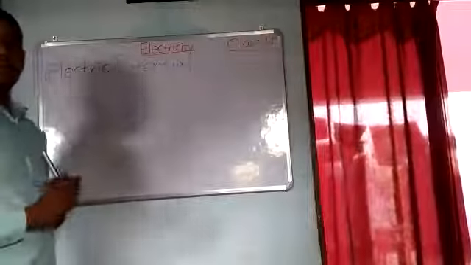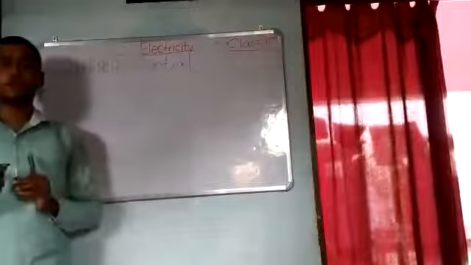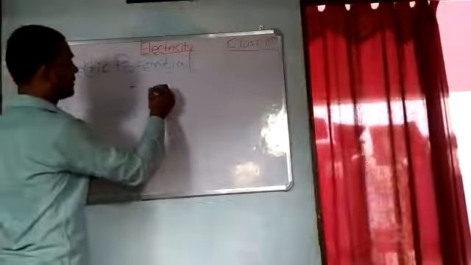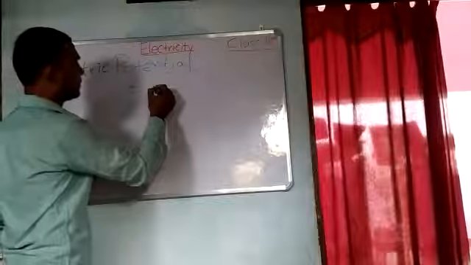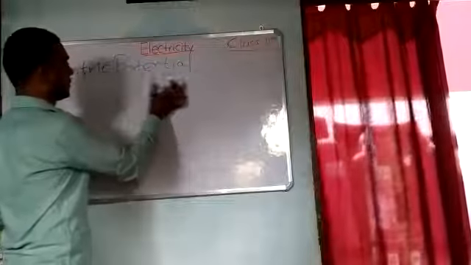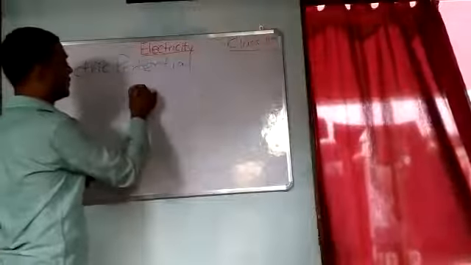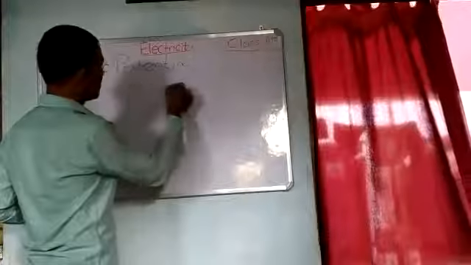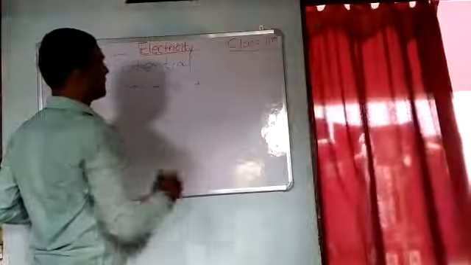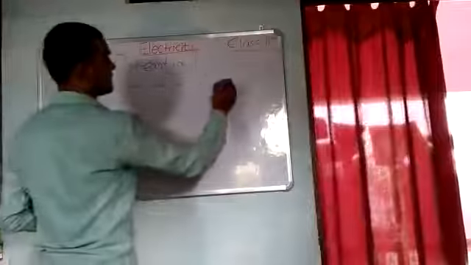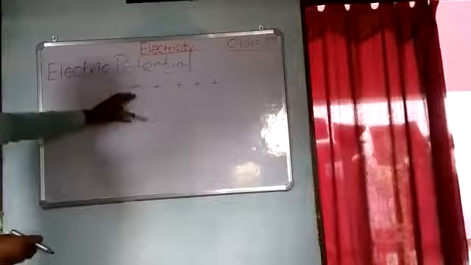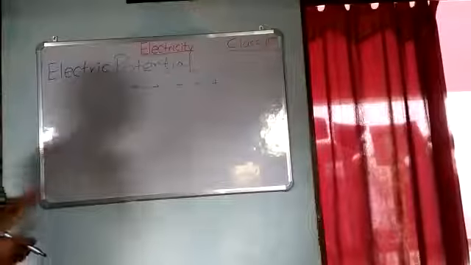See, we know that the flow of electric charge is from negative to positive. Let us assume here, this one is the positive terminal and this one is the negative terminal.